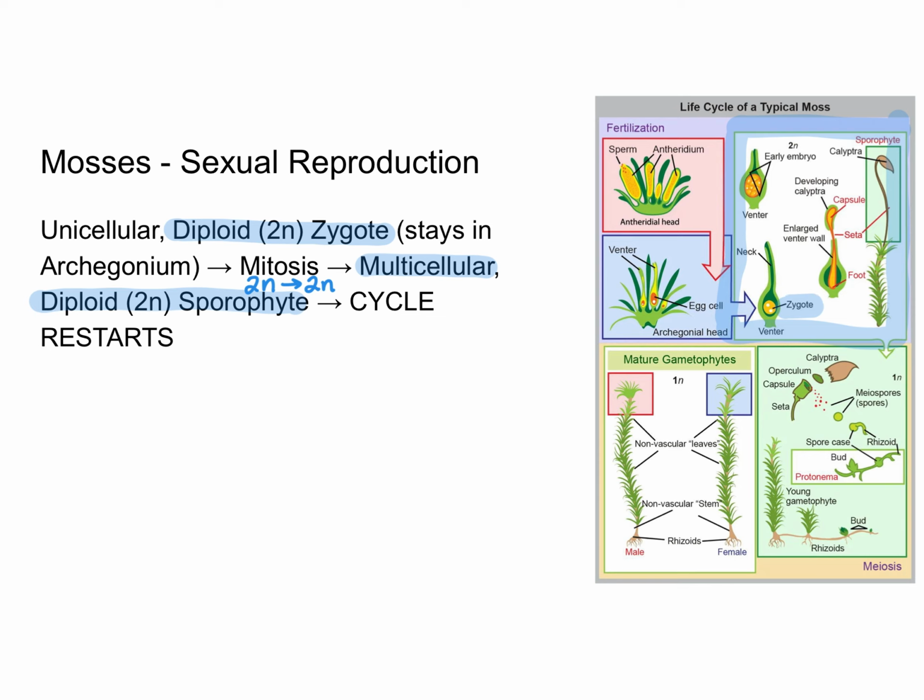You can see the zygote inside the archegonium going through mitosis to first form an embryo, and then ultimately we're going to get back to the development of a sporophyte. And so this is a new and different sporophyte than what we started out with, and then the cycle is going to restart. So remember, we started out with a multicellular diploid sporophyte, and we're ending up with another new diploid multicellular sporophyte that is then going to go through the cycle again.